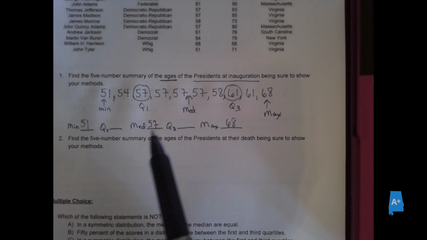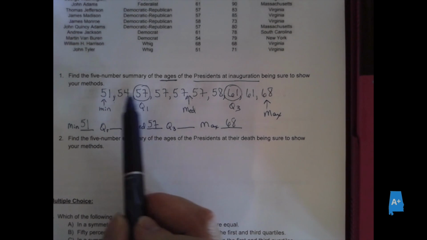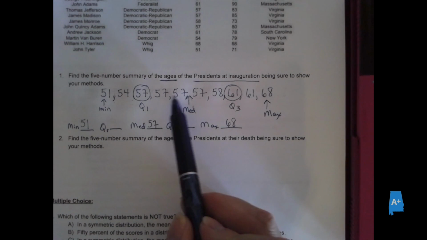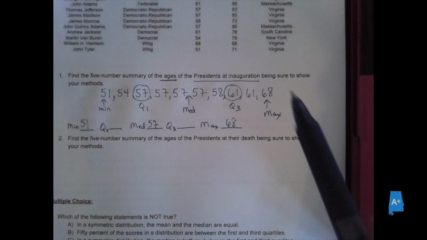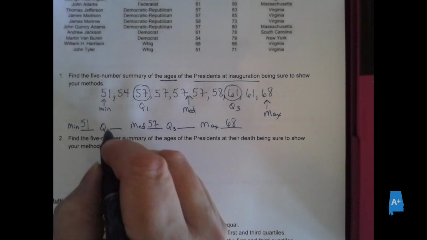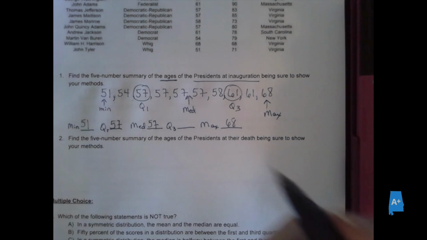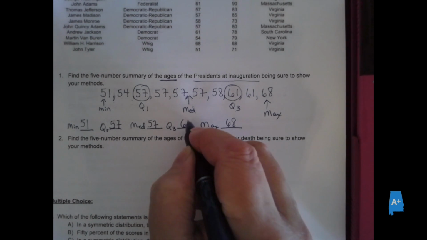And so that means that 25% of the data is going to be here, 25% is here, 25% is there, and 25% is there. Okay, so that's how we do that. So Q1 is 57, and Q3 is 61.